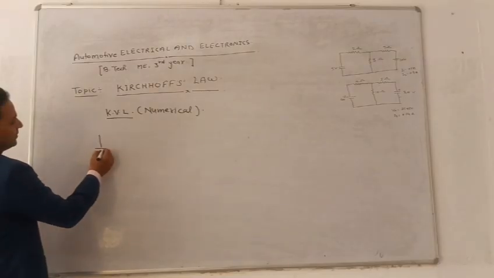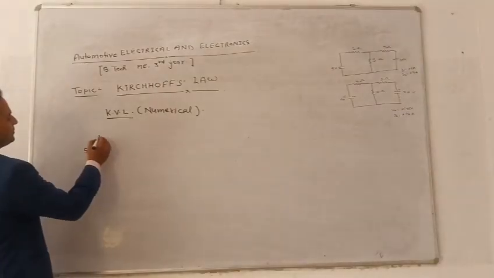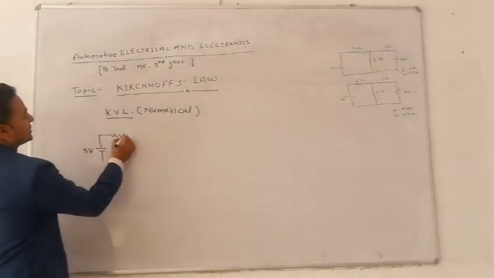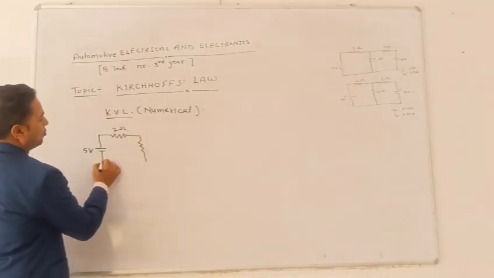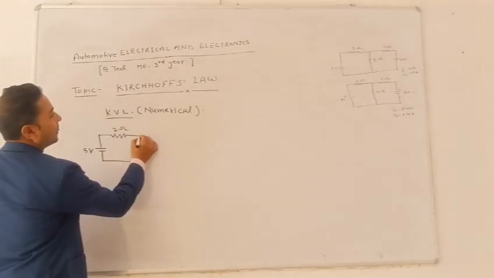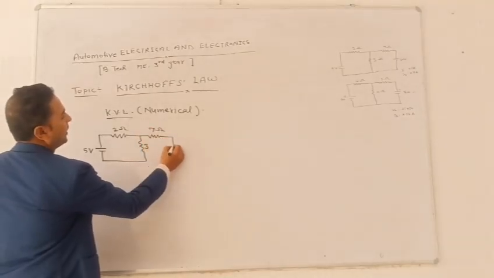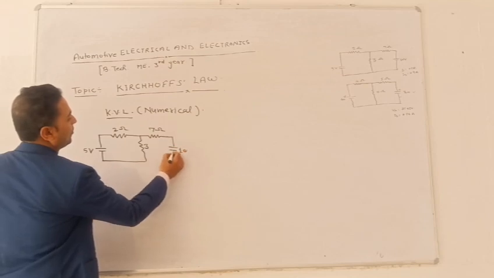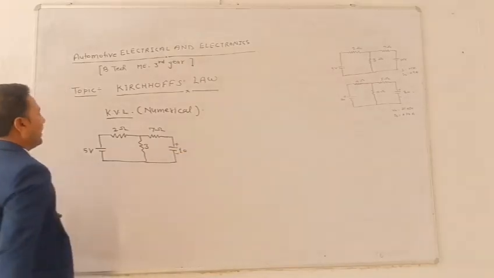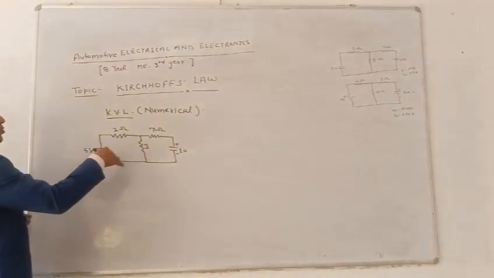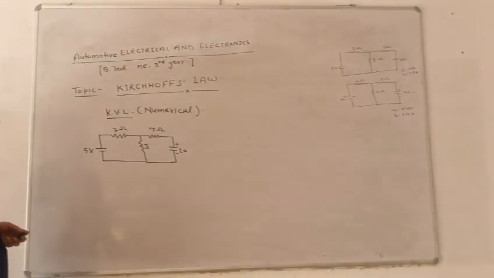So the electrical circuit here: this is the 5 volt source, a resistance connected 2 ohm, here 3 ohm, here 7 ohm and 10 volt source.